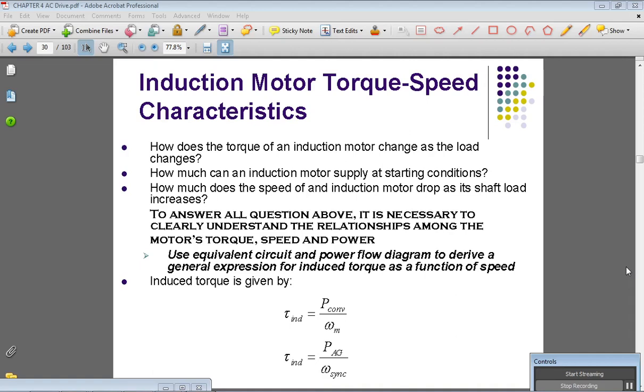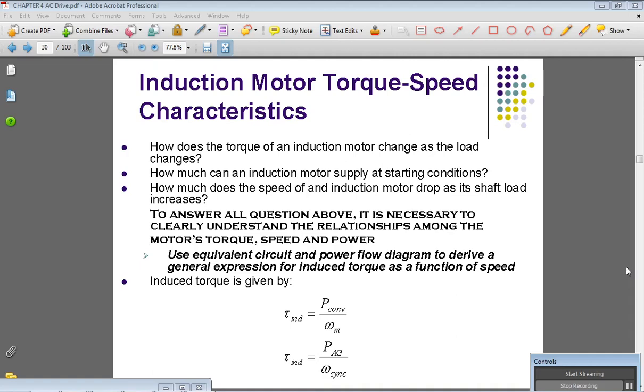To answer all the questions above, it is necessary to clearly understand the relationship among the motor torque, speed and power. So we can use the equivalent circuit and power flow diagram to derive a general expression for induced torque as a function of speed.